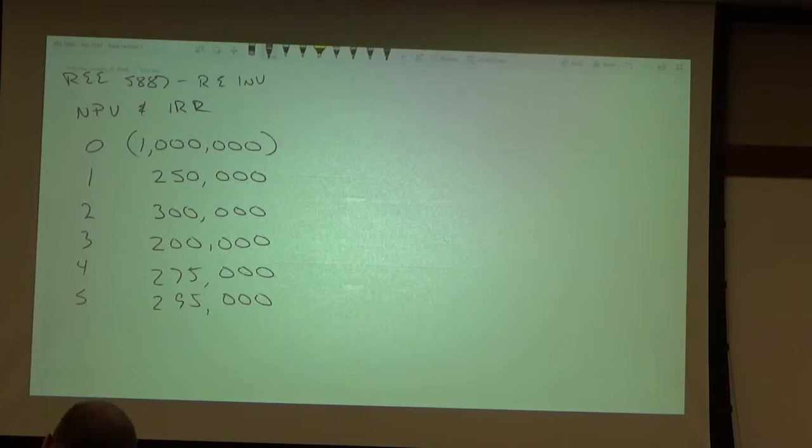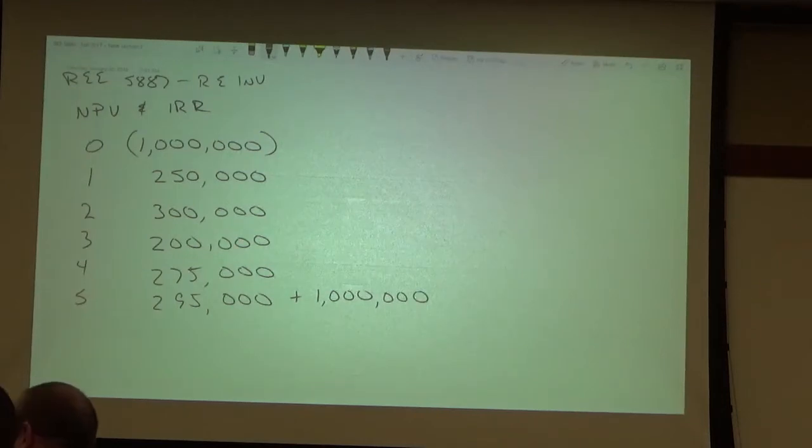Okay? So let's start with that, and let's make the assumption that in this particular case, the value of the property is going to stay relatively constant, so we're going to sell the property pretty much for what we paid for it. So around $1 million.